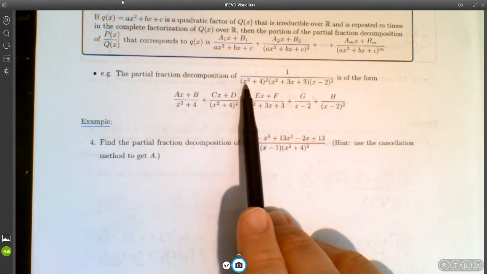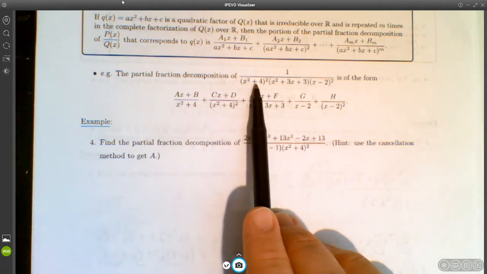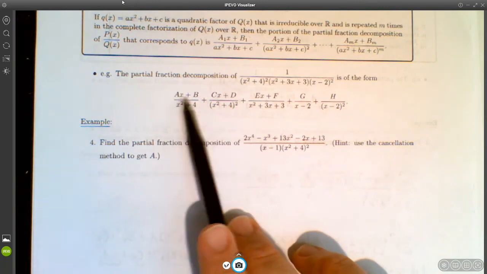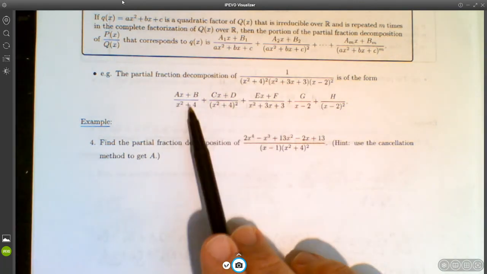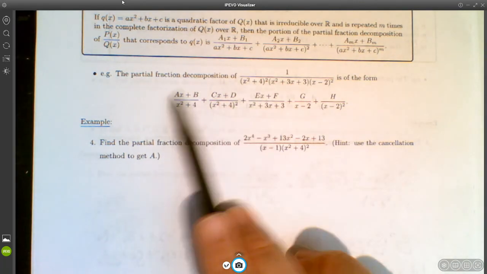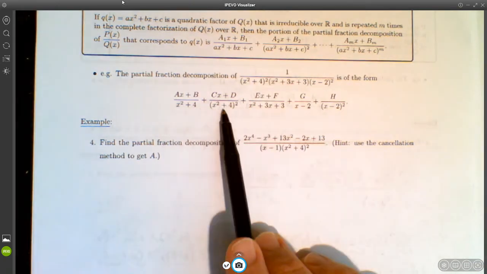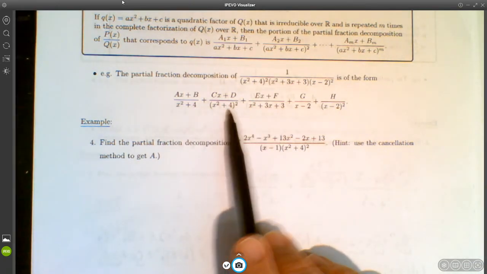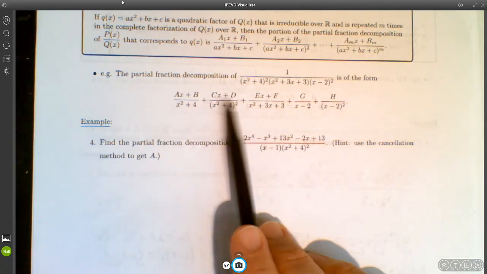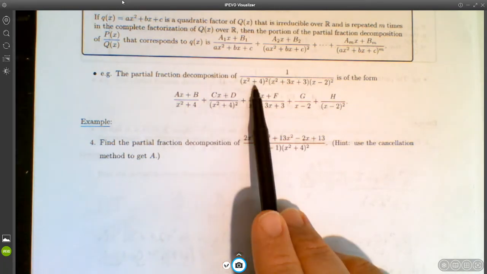So that means since it's an irreducible quadratic, in the numerator it's going to have an ax plus b. But that's just for one of the copies. Since it repeats twice, we need a second copy. And for that second copy, we need another linear factor, so I'm calling it cx plus d. All right? So that takes care of this first factor.